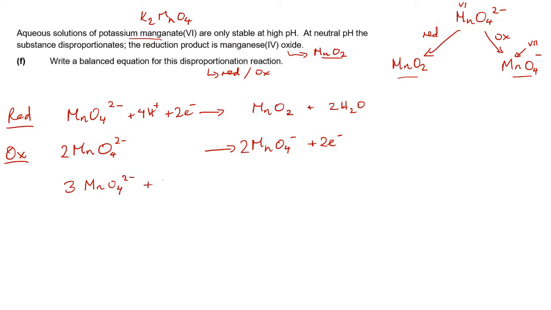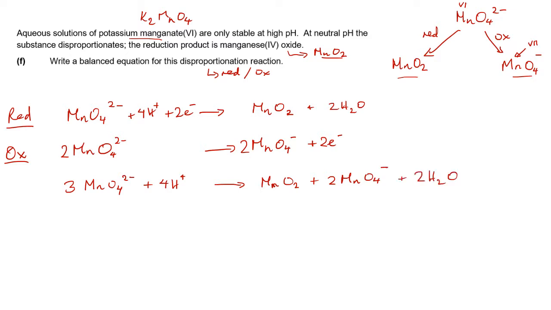And we've still got 4 H+ so far. Our electrons have cancelled out. On the right-hand side, we've got our manganese oxide, 2 manganate(VII), and 2 waters.